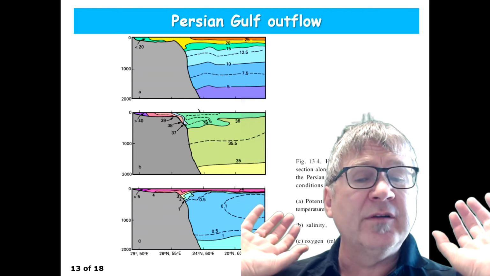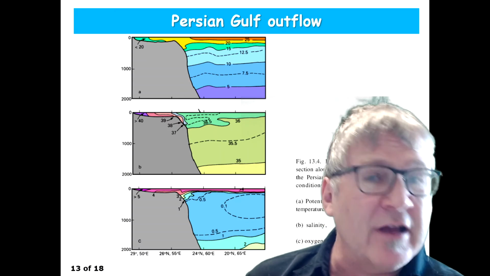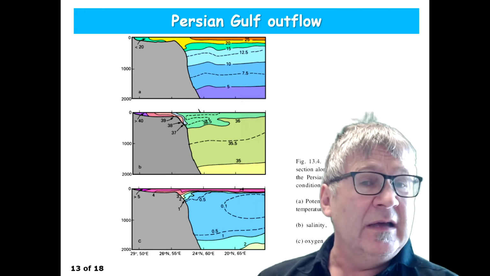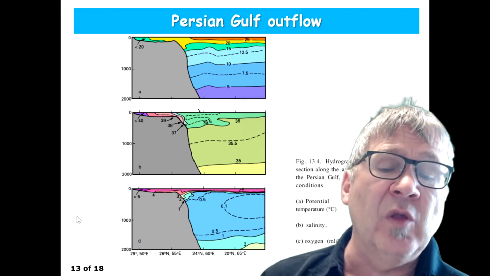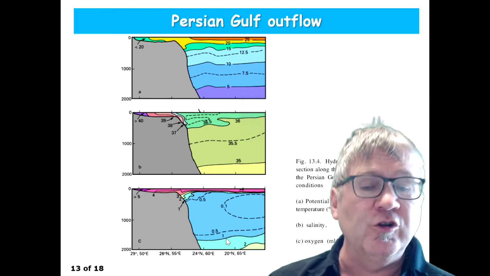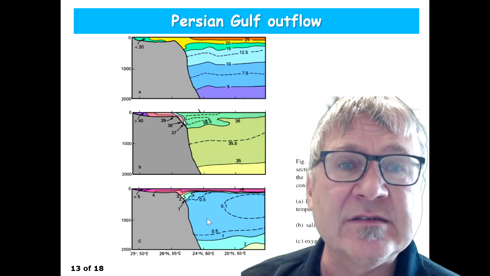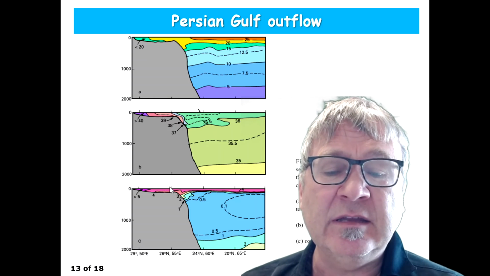Although the water has a higher dissolved oxygen content because of interaction with the atmosphere, the outflow doesn't carry enough volume to increase the oxygen levels in the adjacent Indian Ocean.